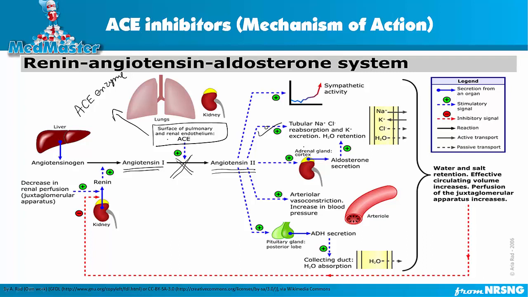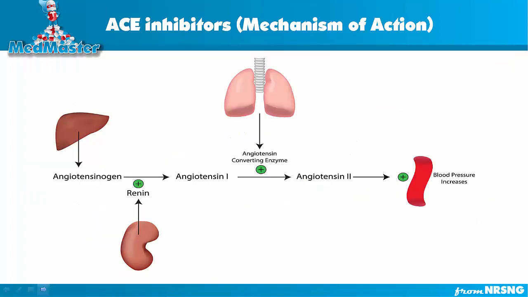So let's see what's gonna happen now when we block the ACE enzyme. Let's go to the next slide and take a look. This is a simplified version of that RAA system.